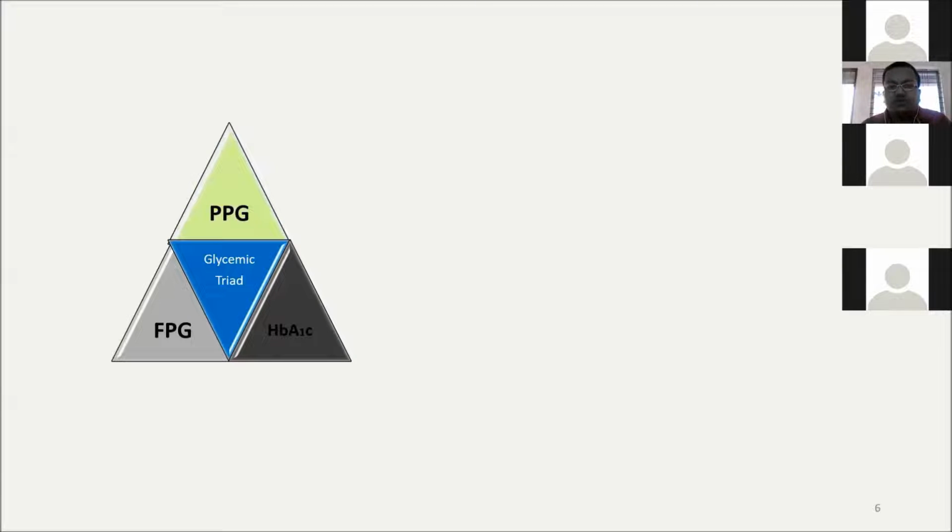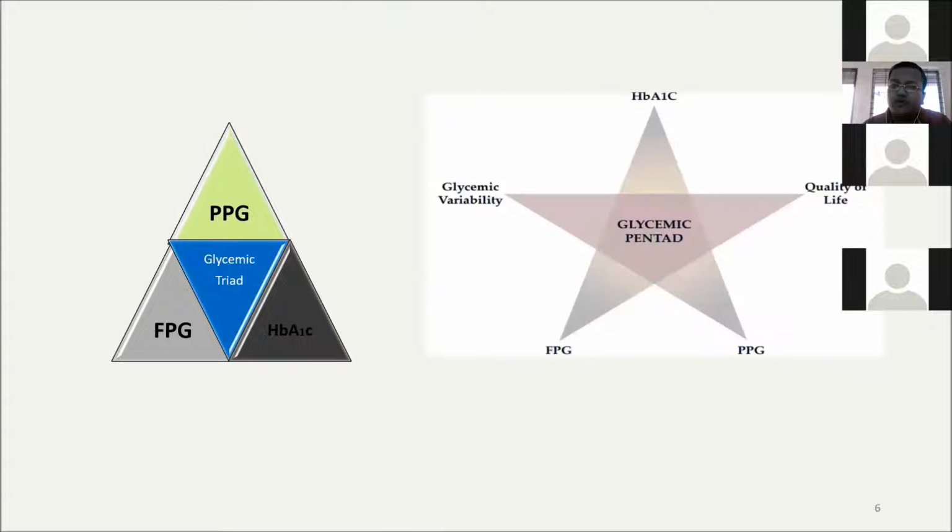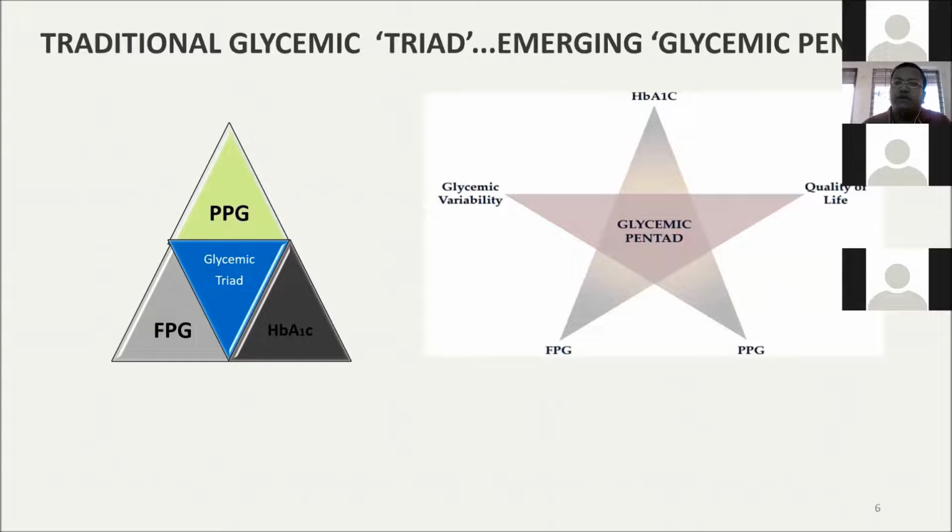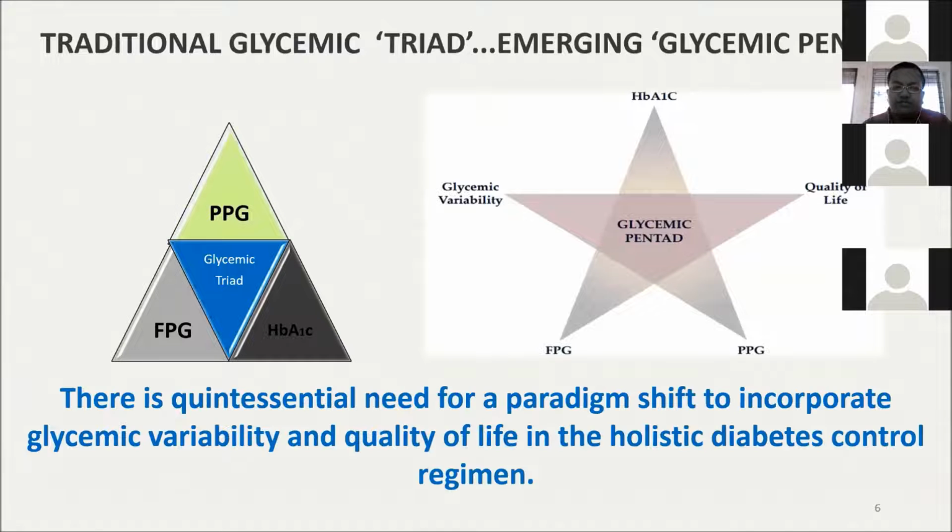While measuring glucose or while having a good glycemic control, there was talk of the glycemic triad, which consisted of the fasting plasma glucose, the postprandial plasma glucose, and the HbA1c. But was it enough? No. That's why the concept of glycemic pentad, where the focus is on the quality of life of the patient, as also the journey in achieving the quality, that is the glycemic variability with the glucose parameters being maintained, gained importance.